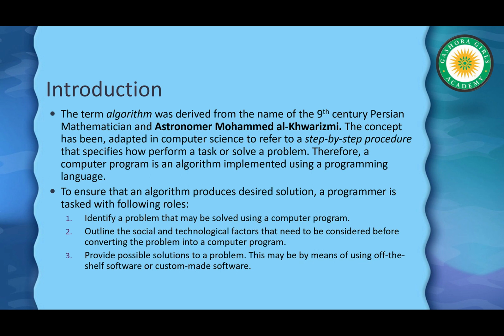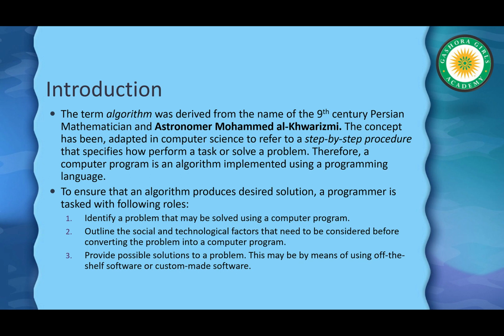After identifying the problem, you now need to outline the social and technological factors that need to be considered before converting the problem into a computer program. So you have to sit and identify what impact the program will have in the society.